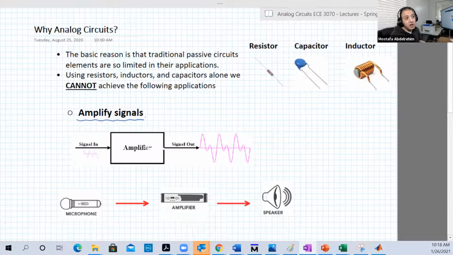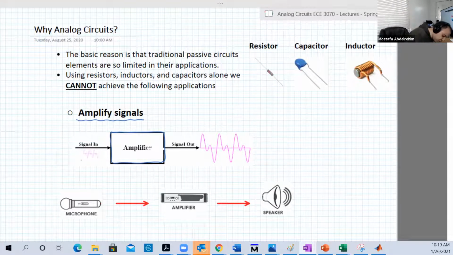What's a signal amplifier? It's a very basic, very easy to understand device. Just a box like this, for example. This box here contains some circuit. This circuit has some input voltage and gives you some output voltage.